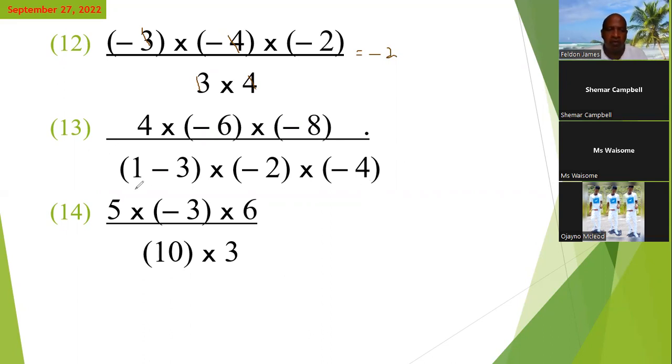For this one now, what is in this bracket? We can work it to become what? If you have minus 2 with 3, you get what? Negative 2. So all of this becomes negative 2. Yes, sir. Now you cancel. What can be canceled? 2 into 4.